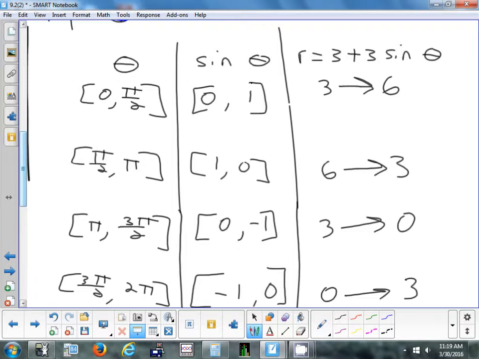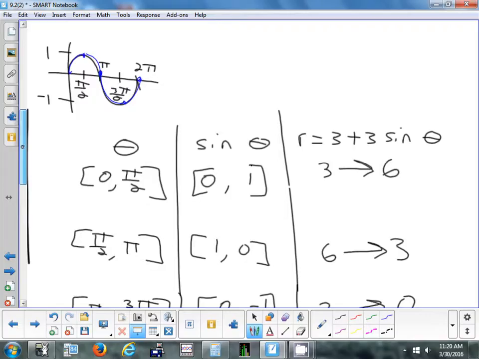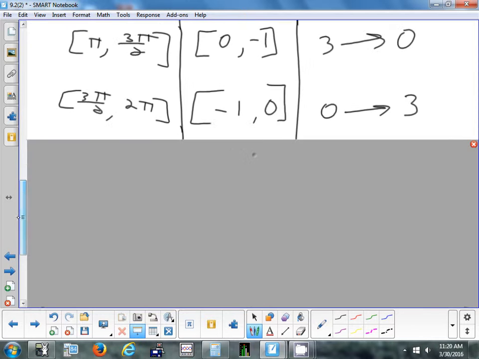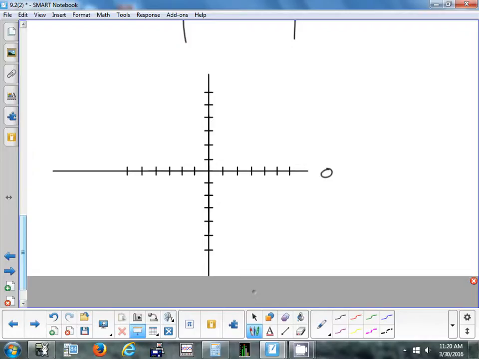All right, so let's see if we can sketch it. As I go from 0 to 90, I need to have my radius expanding from 3 to 6. All right. So here's 0. Here's 90. Okay, or if you want to do it in radians, 0, pi over 2. And my radius, what does it start at in the 0 to 90 section? It starts at 3.